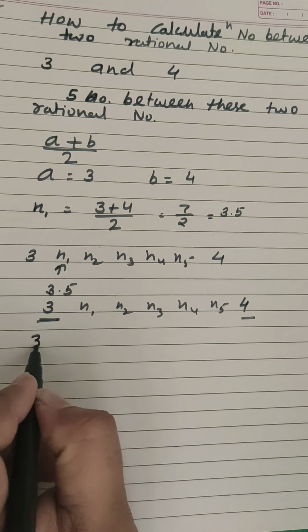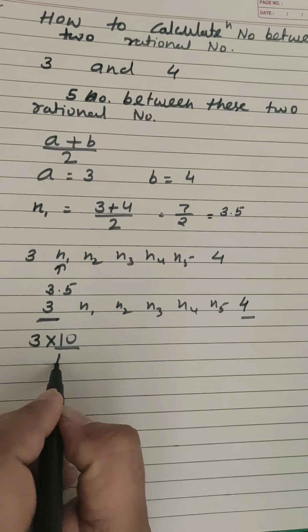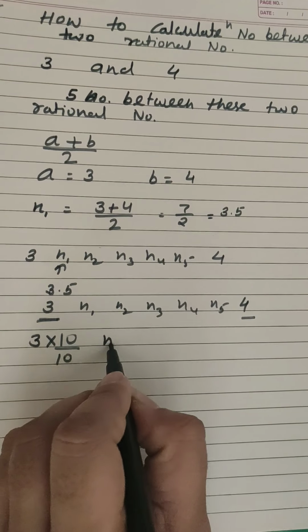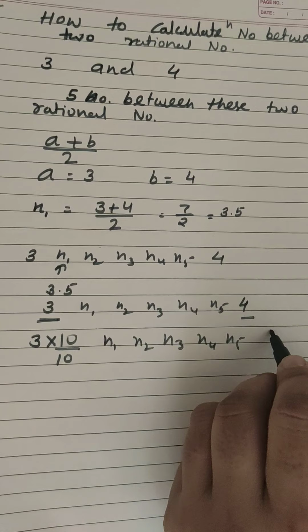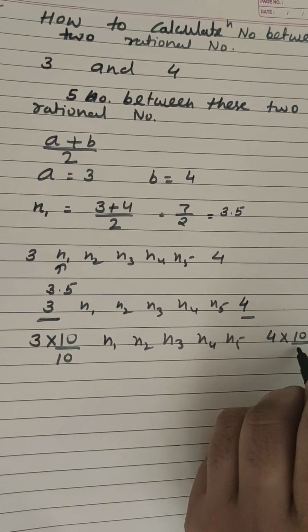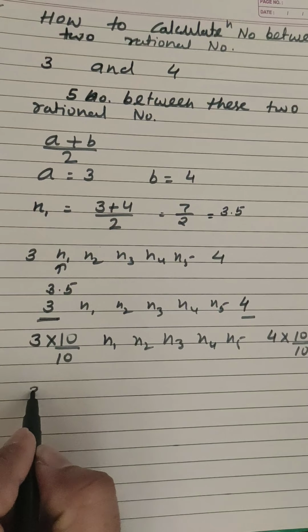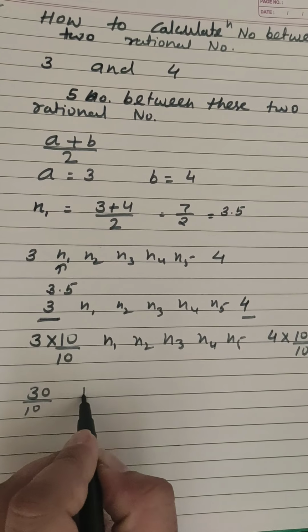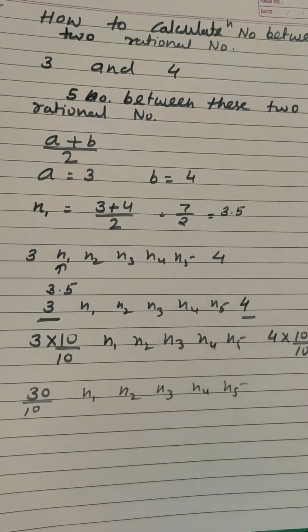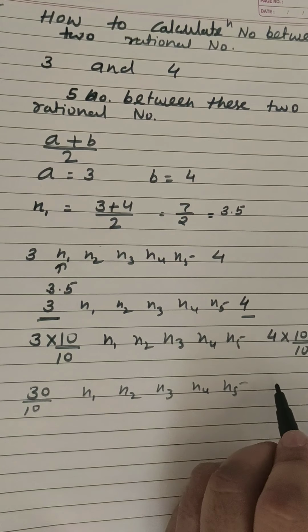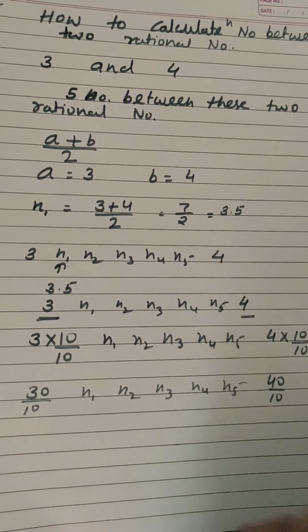So if we multiply and divide with 10, then this is n1, n2, n3, n4, n5. Here 3 into 10 divided by 10 is 30 divided by 10, and here it would be 40 divided by 10.